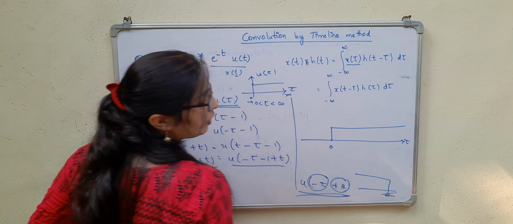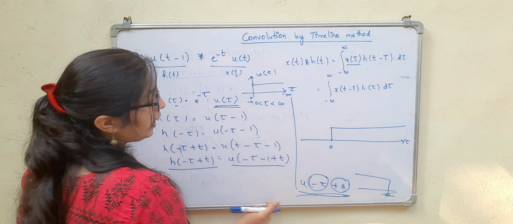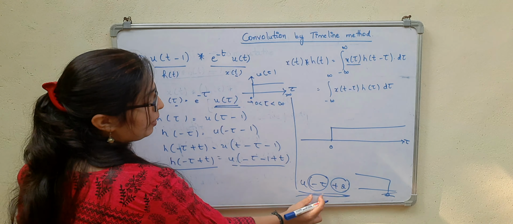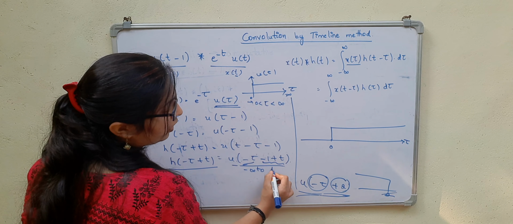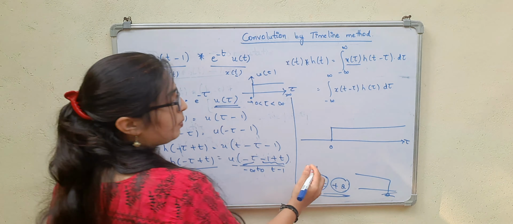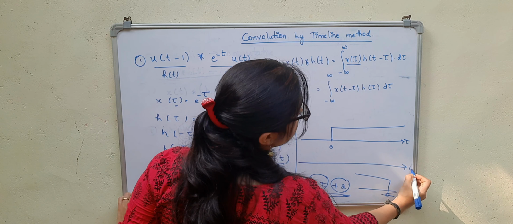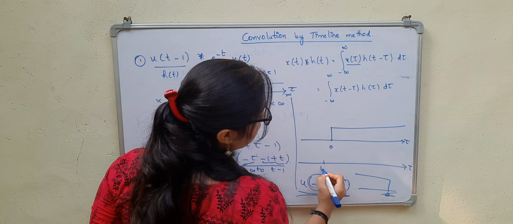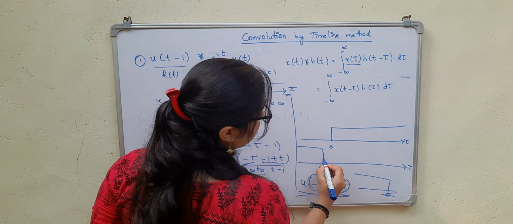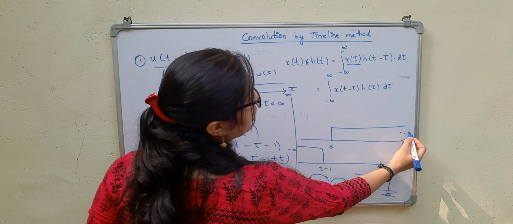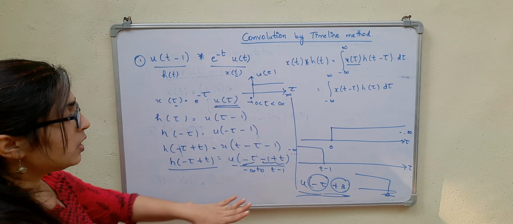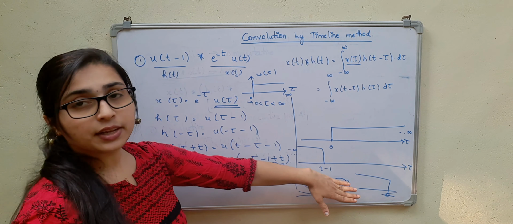Similarly, u of minus tau minus 1 plus t will be from minus infinity to t minus 1. I will consider the first case here: this is from minus infinity to infinity, and now minus infinity till t minus 1.